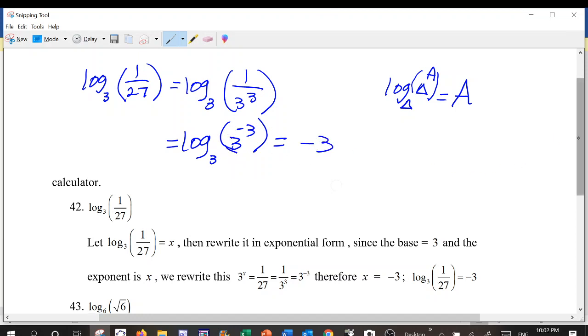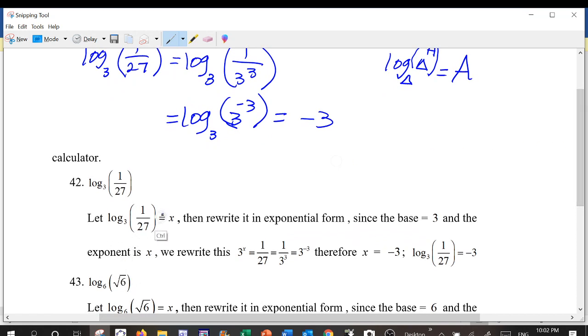Now what about the next one? What about log base 6 of the square root of 6? Does this look like that structure? No, but we can make it. What is the square root of 6? Well, we have a rule that says the nth root of a to the m power is the same as a to m over n.